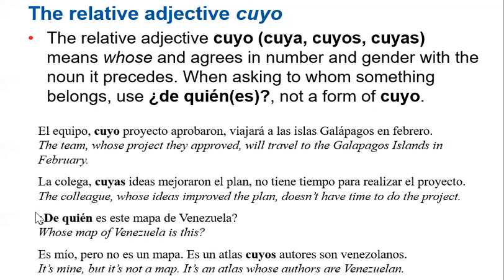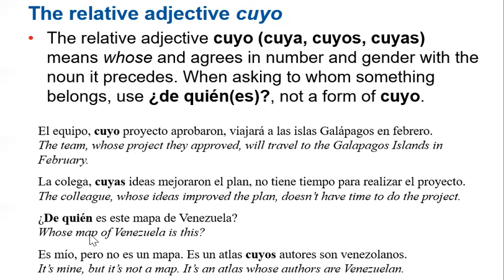Now, look at this here. As I said, this is almost completely the way you would use whose in English, except when it's a question. Whenever you have a question and you ask somebody, whose map is this? Whose class is this? You can't use cuyo in that instance. In these cases, you cannot use cuyo. You have to use the question phrase de quién es.